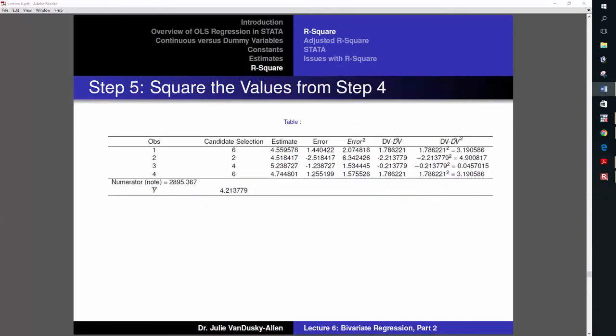The next step is squaring the values from step 4. So for the first observation, we had 1.786221. 1.786221 squared is 3.190586. And you continue to do this for each observation.